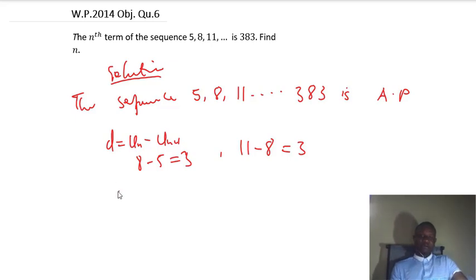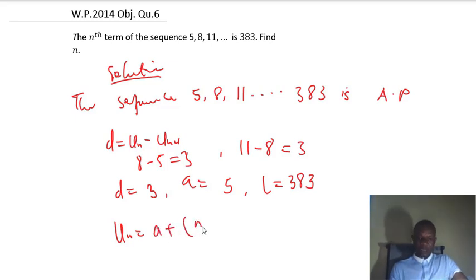So we have D equal to 3, and A equal to 5, that is the first term, and L, which is the last term, equal to 383. Okay, so the nth term of a sequence is Un equals A plus bracket of n minus 1 times D, whereby Un can be the same as L, the last term.